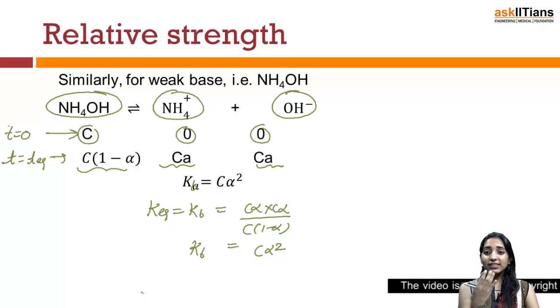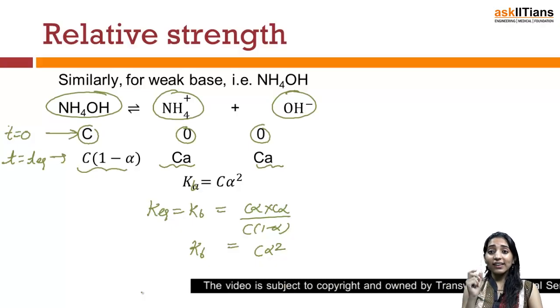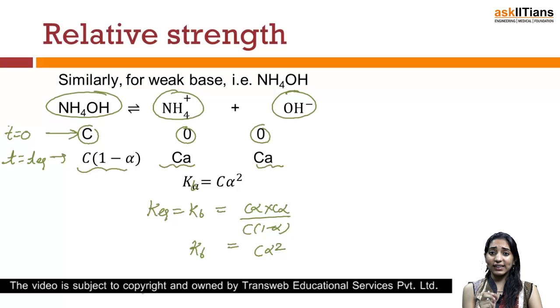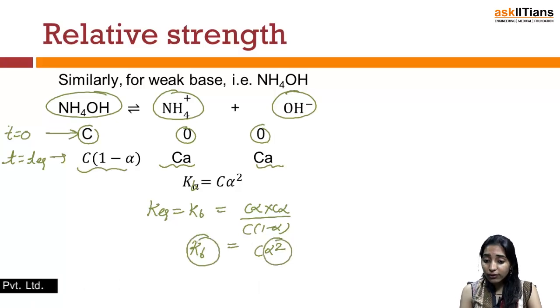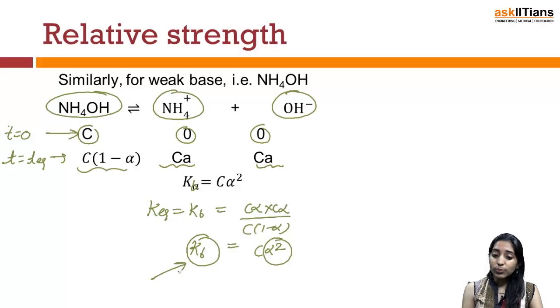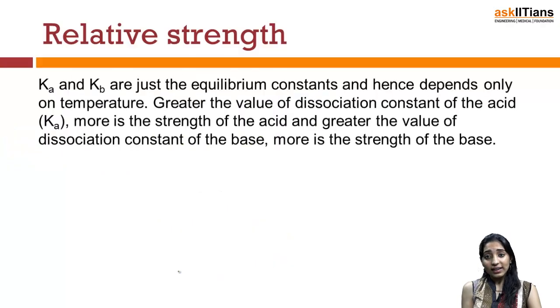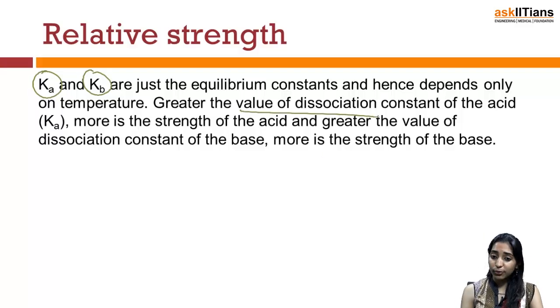So what we have considered in these two slides is that if I am able to represent the dissociation constant in terms of the degree of dissociation, I will be able to correlate the relative strength of the acids and bases. Concluding this point, Ka and Kb are just equilibrium constants and hence their values depend only and only on the temperature.